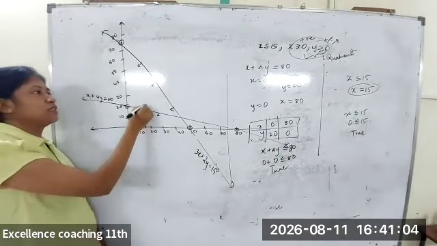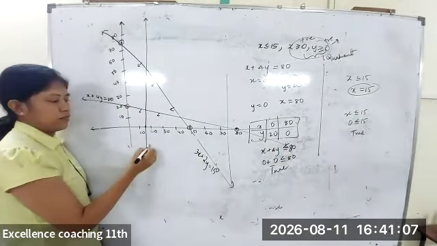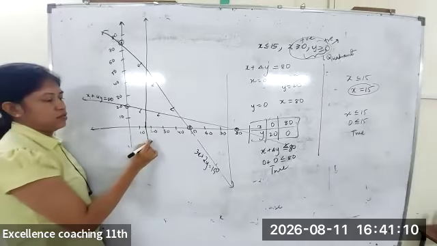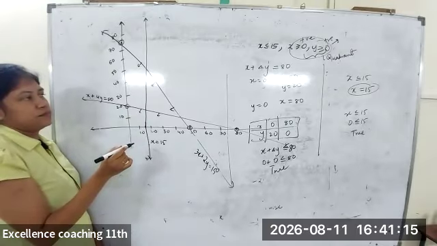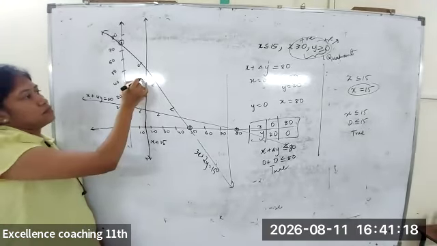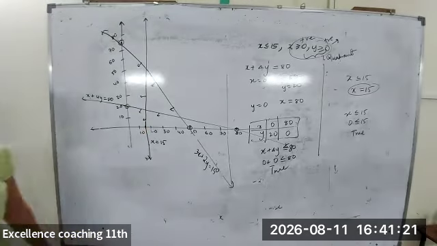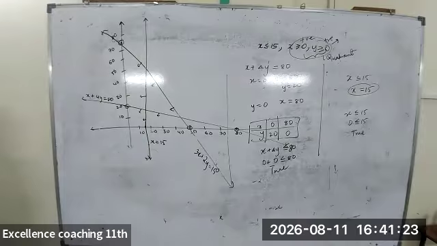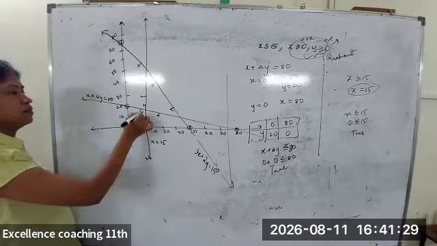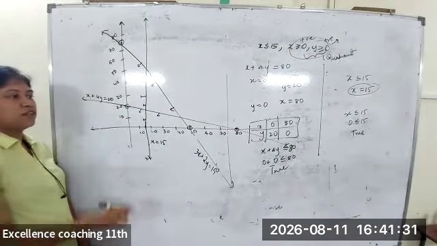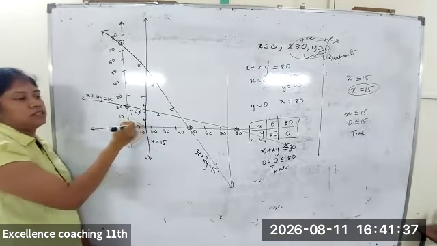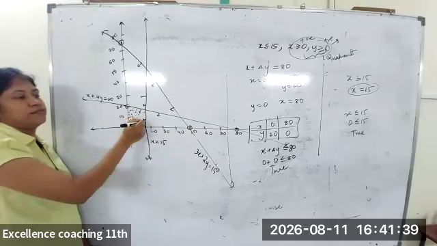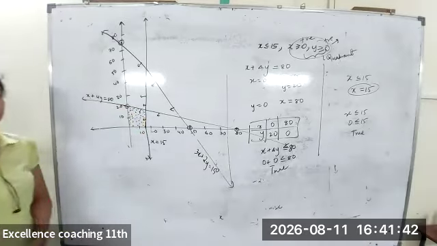X equals 15 means which area you cannot go outside the quadrants.